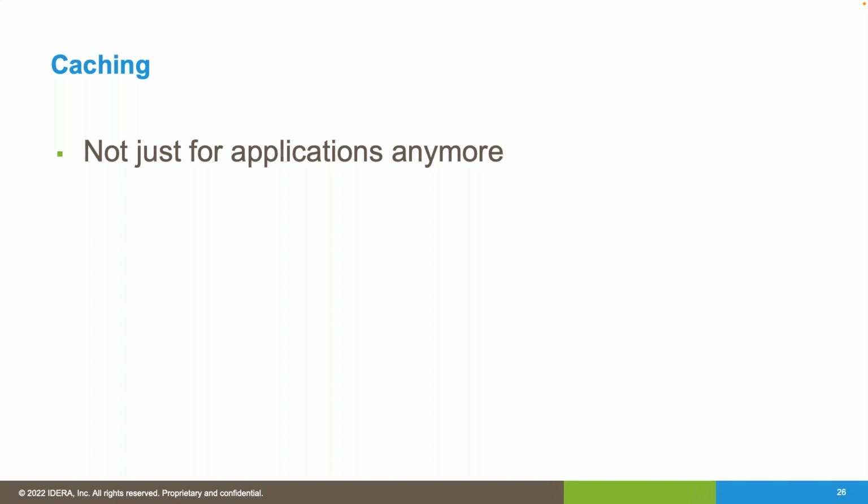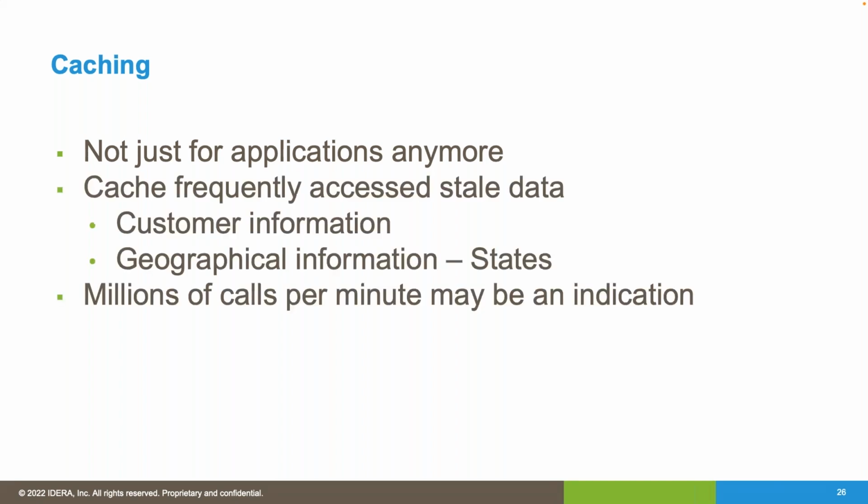We should actually be caching specific database calls. If we don't need to refresh that data that often, please, please, please think about implementing a caching layer like Redis cache or some other mechanism to help cache some of that data from your databases.